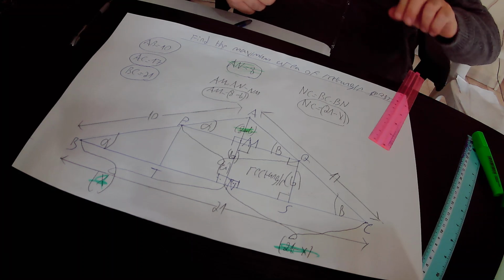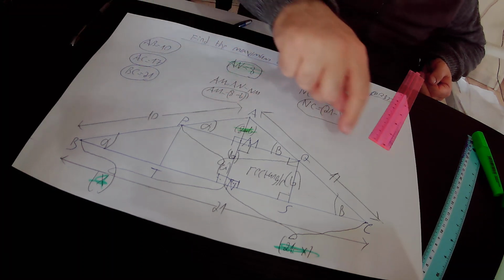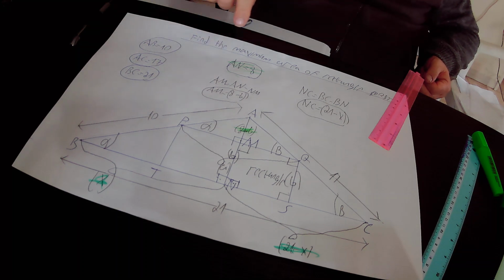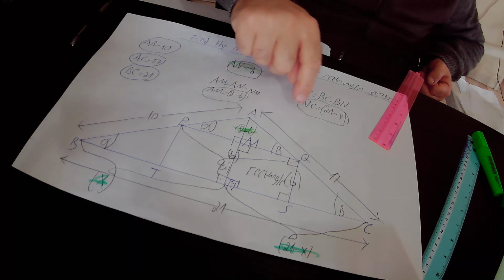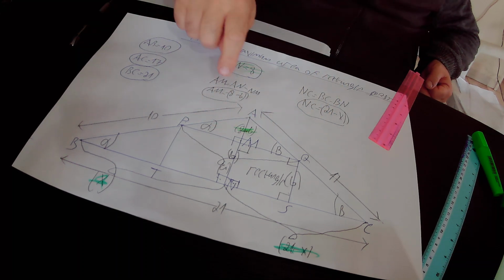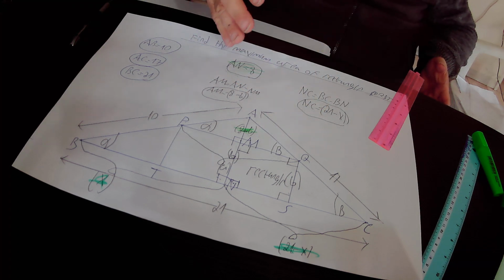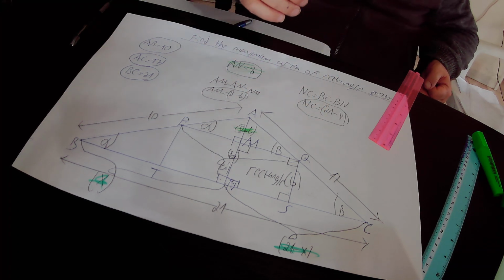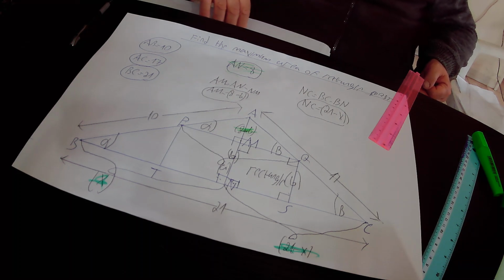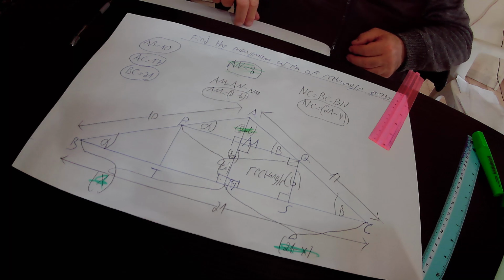So we actually found out that all the three angles of the big triangle ABC are correspondingly equal to all the three angles of this small triangle AQP, and therefore triangle ABC is similar to the small triangle APQ according to the angle similarity rule. So I write it down.